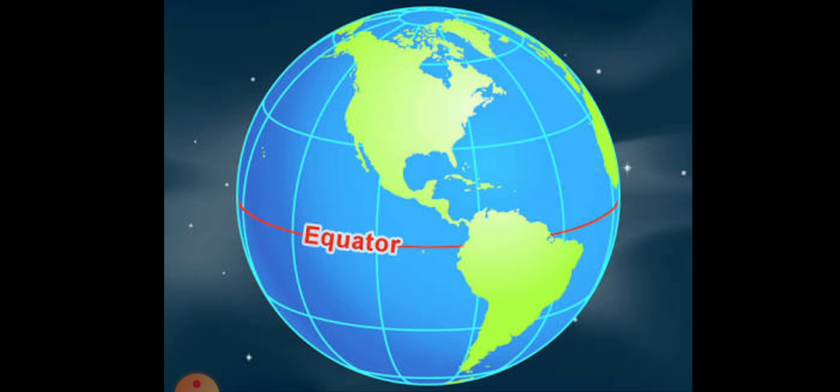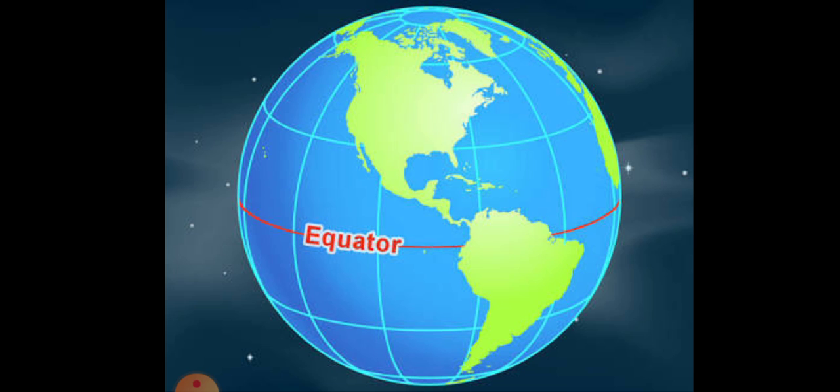Latitudes are measured in degrees. Have you understood what is parallel of latitudes? All parallel circles from the equator up to the poles are called parallels of latitudes.